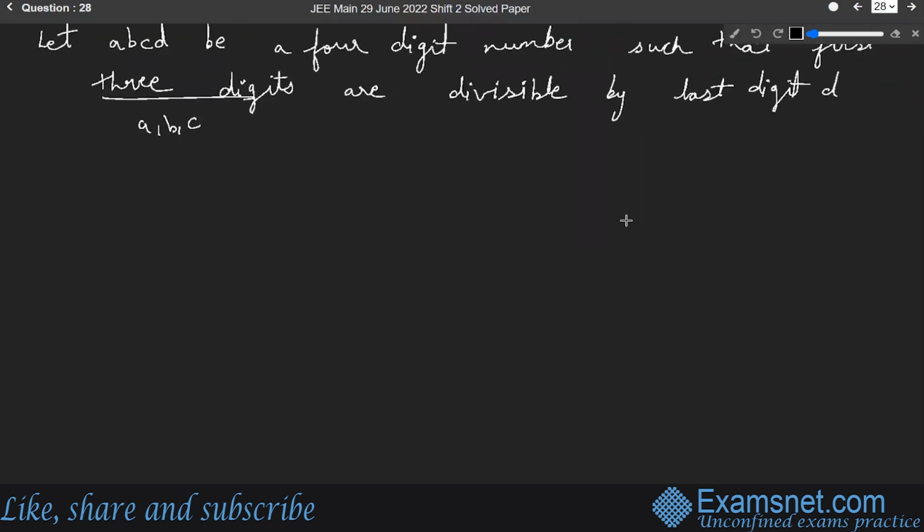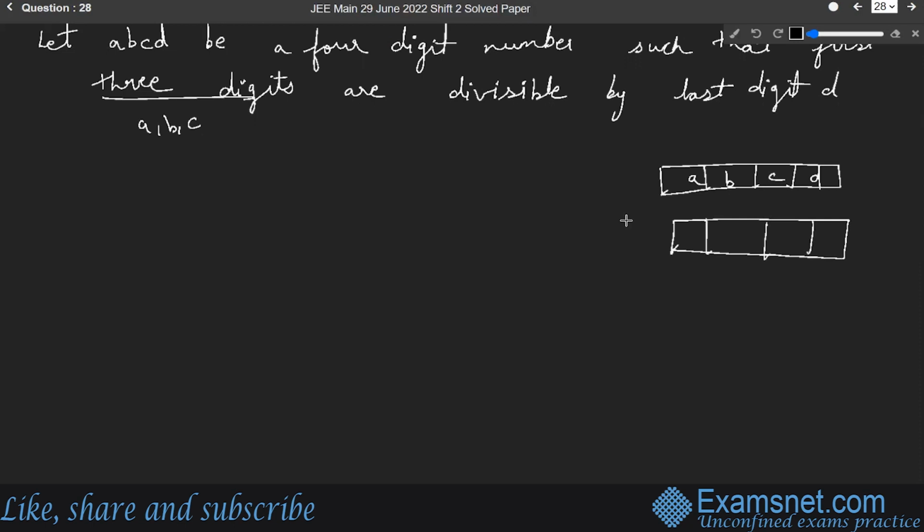Consider this as A, B, C and D. All right. So again, making another box for inserting the values. Now consider D is equal to 1. Okay. When D is equal to 1, then out of the 10 numbers from 1 to 10, one number is already substituted here, so the remaining numbers are 9.